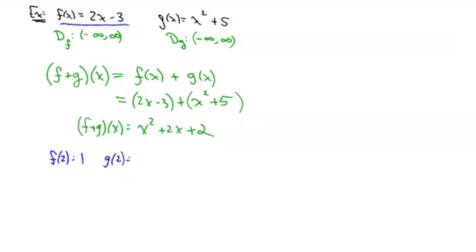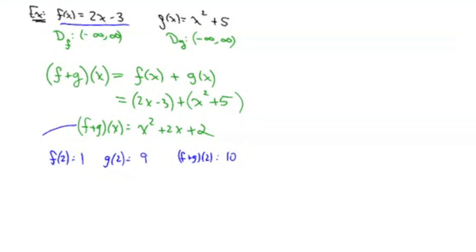Is only one person going to whisper in this class? And notice I didn't say answer. I said whisper. 9. Okay, 2 squared plus 5. All right, what is f plus g evaluated at 2 by this method? Well, it's f of x plus g of x. So it would be 1 plus 9, better known as 10. All right, so that would be 10.